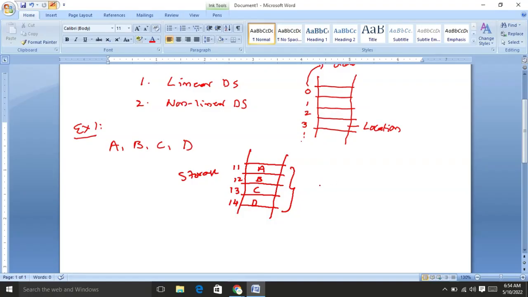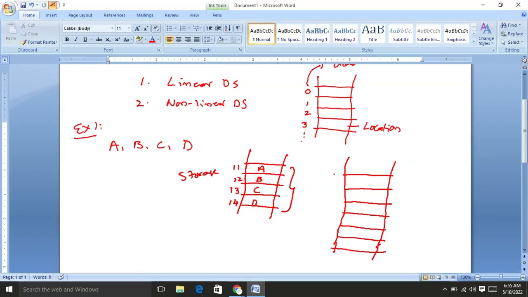So, what do we mean by the non-linear data structure? In a non-linear data structure, the data is not stored in memory in a sequential fashion. The data is stored in memory randomly, when and where the storage space is available. For example, this is the 15th location, 16, 17, 18, 19, 20, and so on.